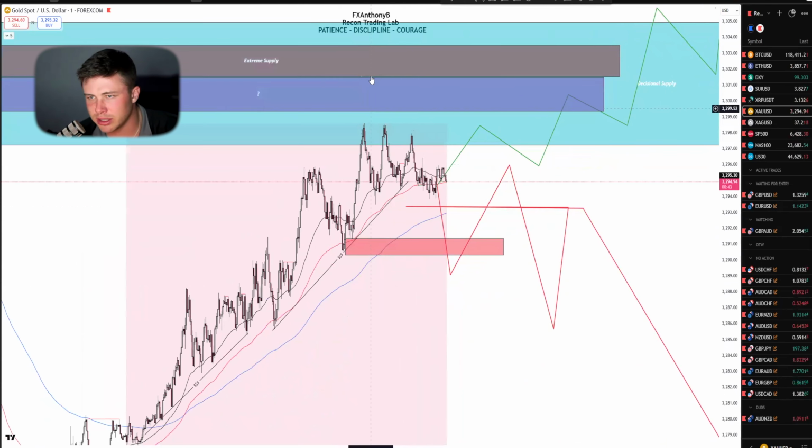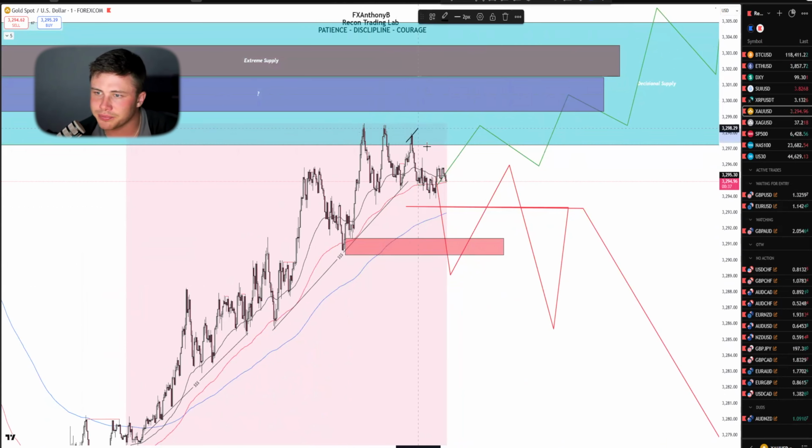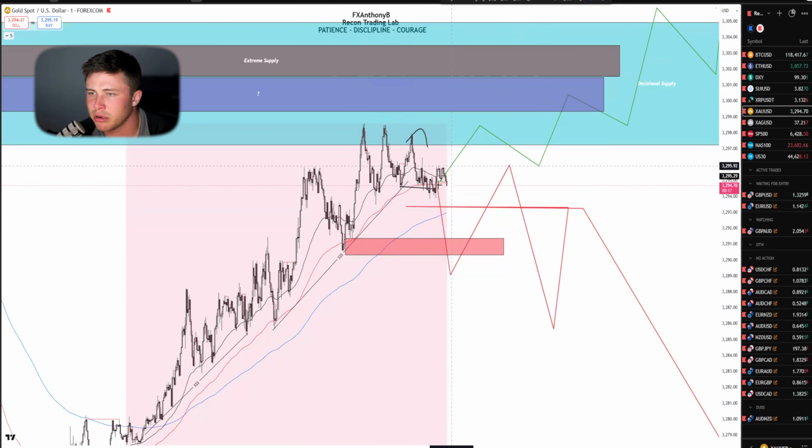Price has already rejected it not once, not twice, but 3 times, and has had the bearish inducement. BOS here. Let's see, did this have a BOS? Okay, we can count. That had an inducement there. And this had an inducement here. Yeah, we're not going to count that. But as you can see here, this has induced this, created the BOS, and now we have downward pressure.